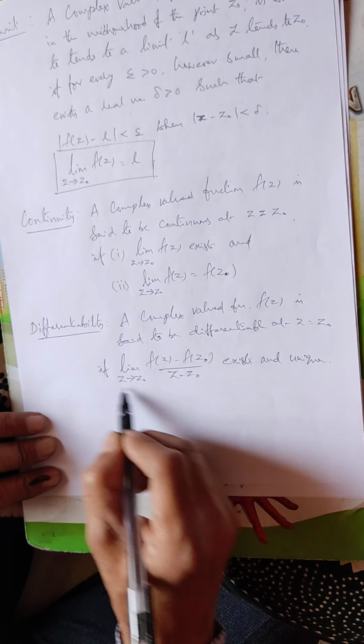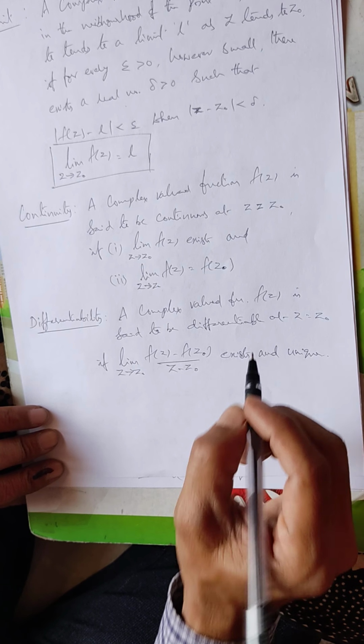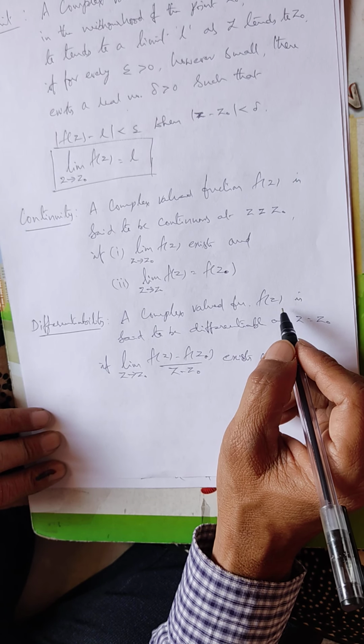If this limit exists, then it is called the derivative of f of z with respect to z.